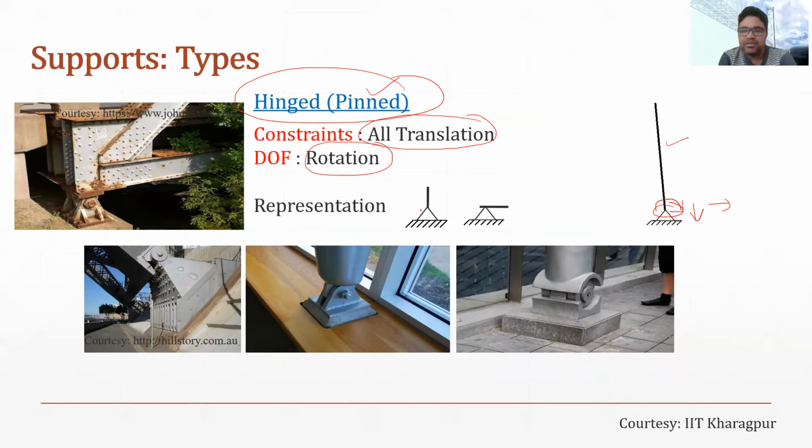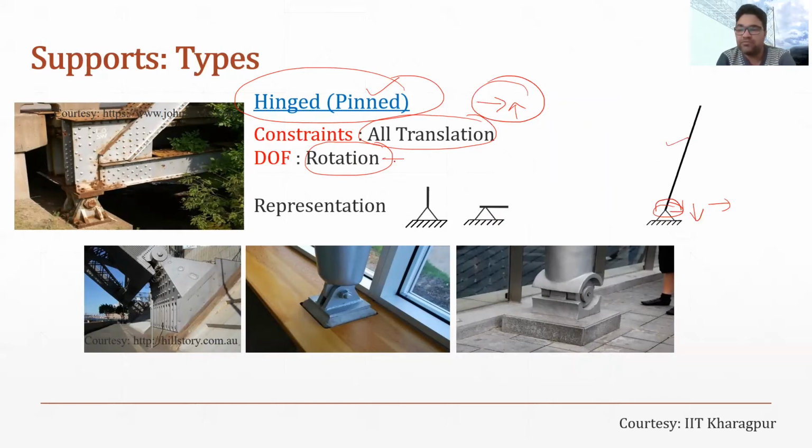Which means a hinge support offers two reactions. One is the horizontal reaction, or constraint against translation, and the other is the vertical reaction. It will offer two types of reaction, but for the third degree of freedom, the rotation, it will not offer any reaction.